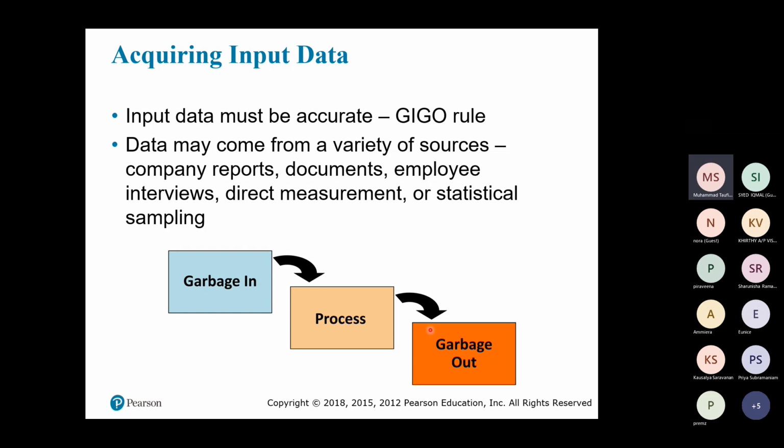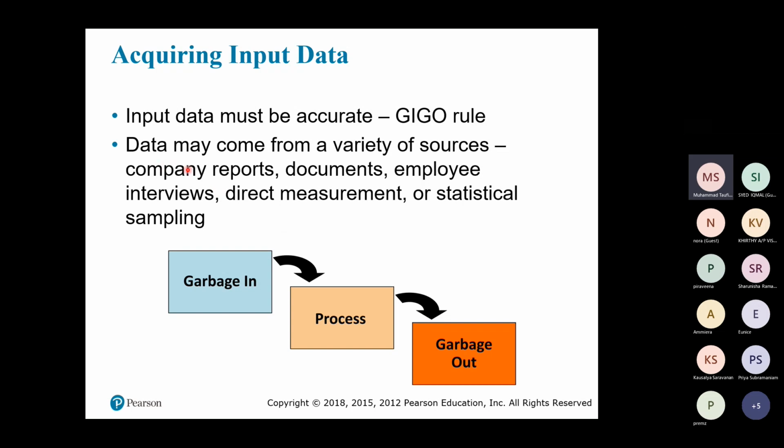If you use fake data as input, you will get fake data as output. That's all. If you put garbage in, you will get garbage out. You will not get diamond out of garbage. So that is the rule: your input data must be as accurate as possible.